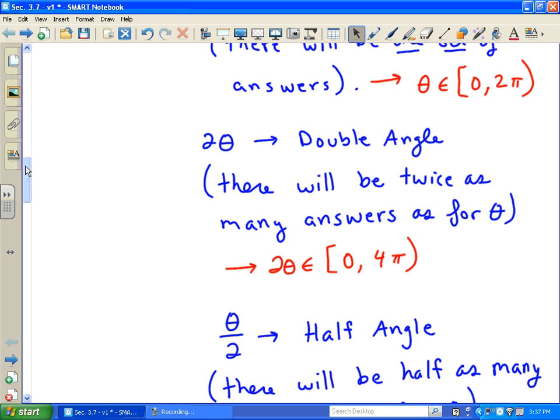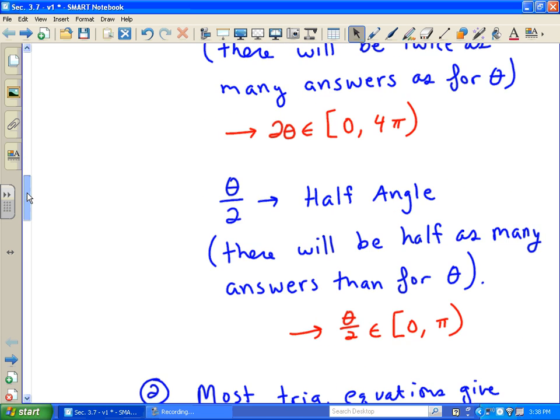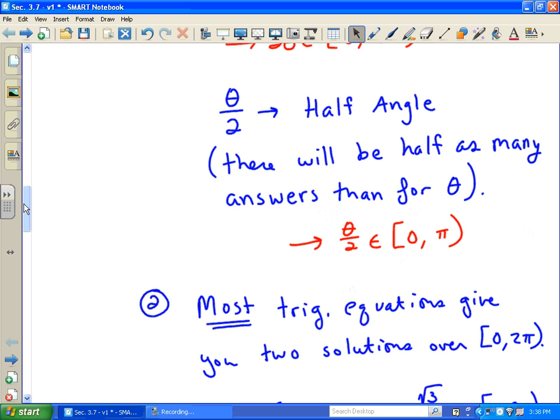Not that we're doubling the solutions, but we're doubling the amount of answers. 2 theta lies between 0 and 4 pi if theta lies between 0 and 2 pi. Theta over 2 is called a half angle. However many solutions we got for regular theta, there's going to be half as many solutions for theta over 2. In other words, if theta lies between 0 and 2 pi, theta over 2 lies between 0 and pi.